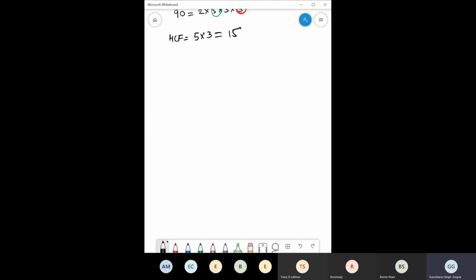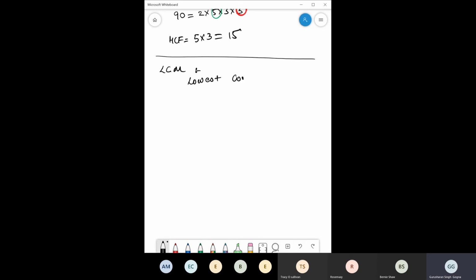Now I'll take the same example, but in order to find out LCM. LCM is lowest common multiple. First of all, let's understand what we mean by lowest common multiple. Let's take a simple example, 45 and 60. The first word is multiple.